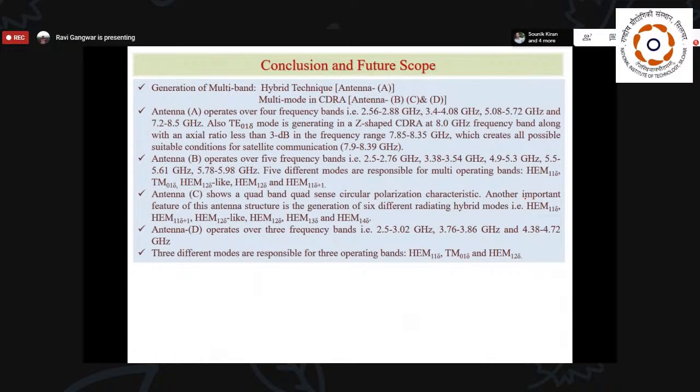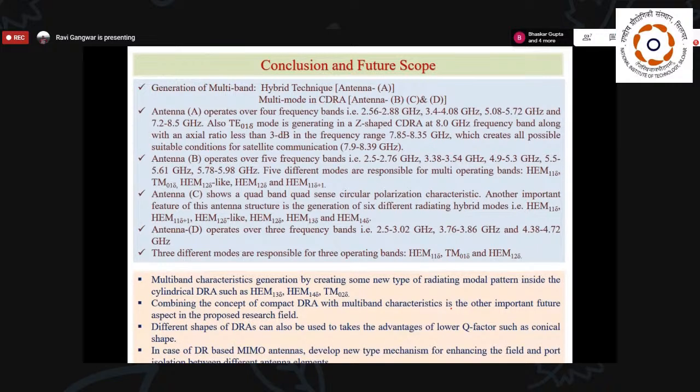The second antenna is a multi-band structure, where we generate 5 different modes. In the third antenna, I am able to generate 6 different modes, due to which we get quad-band and quad circular polarization characteristics. And the last antenna has a triple-band structure, which we get due to the creation of triple modes in the antenna.